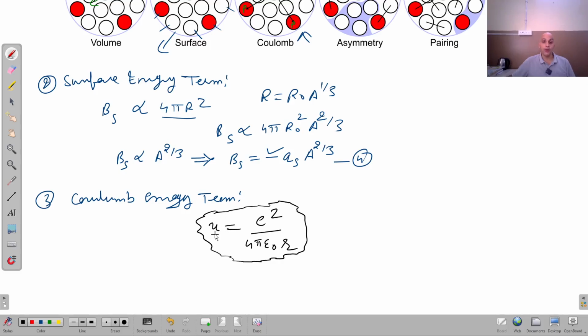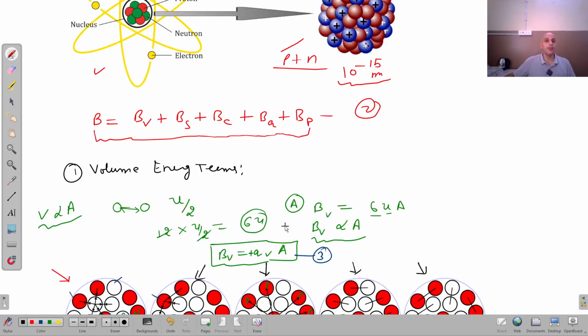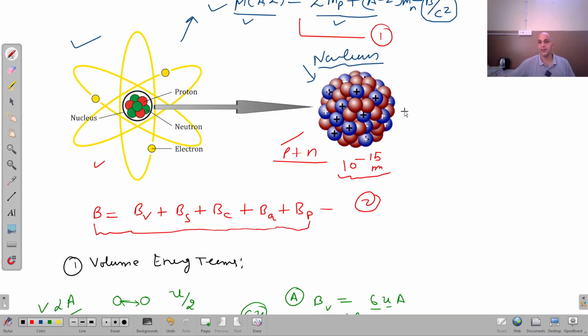Now as there are Z protons, so Z protons will have Z into Z minus 1 divided by 2 pairs of protons inside the atomic nucleus. We are considering the atomic nucleus that has Z protons and mass number A minus Z neutrons. This is the case of this nucleus.